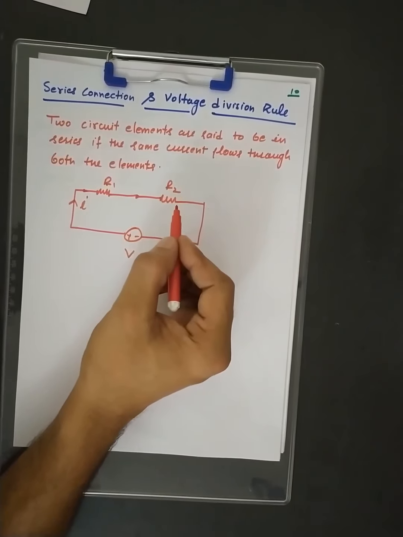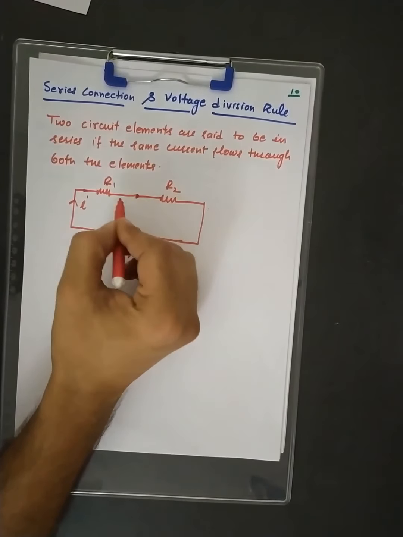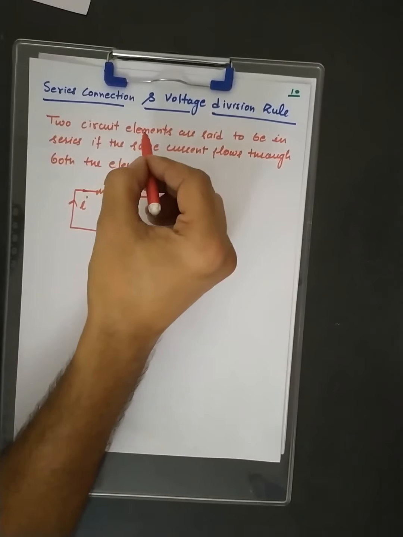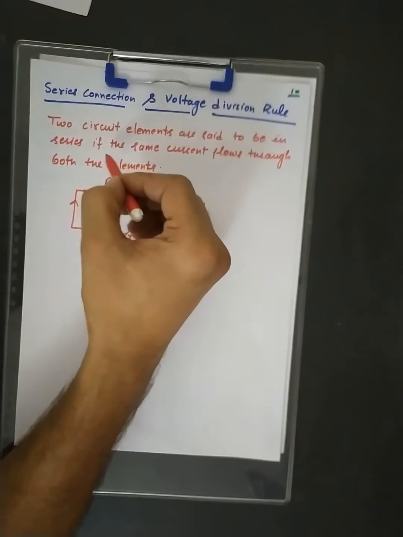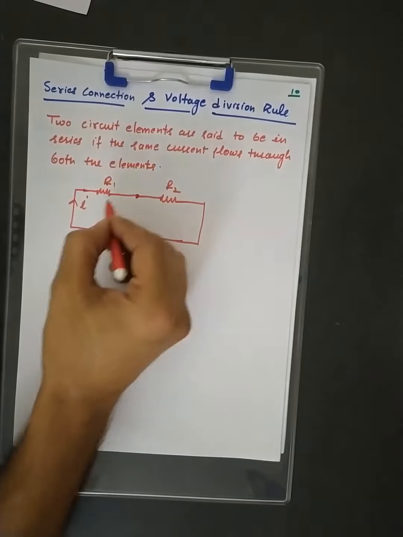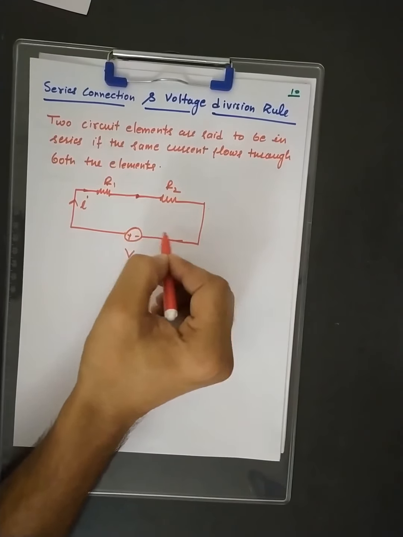How can you identify both are in series? One end of both the elements is connected to each other, right? And as per definition, we can say two circuit elements are said to be in series if same current flows through the elements. If same current flows, you can see here I will flow across this and this.